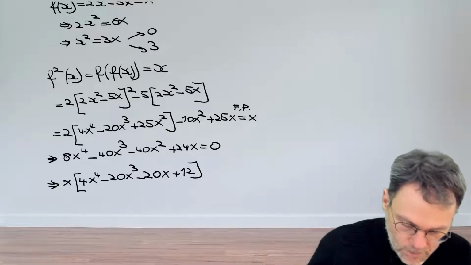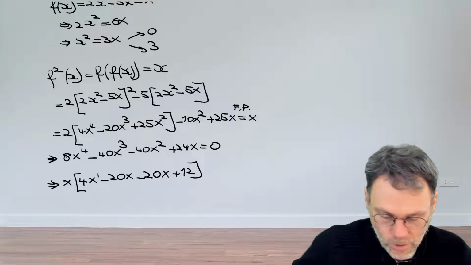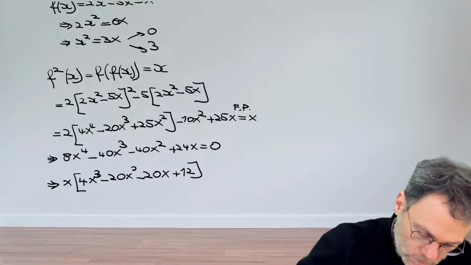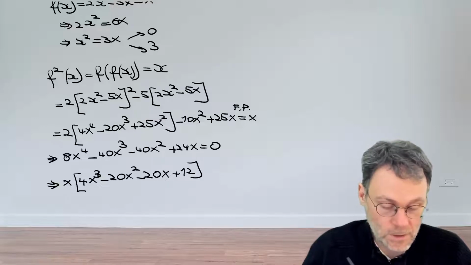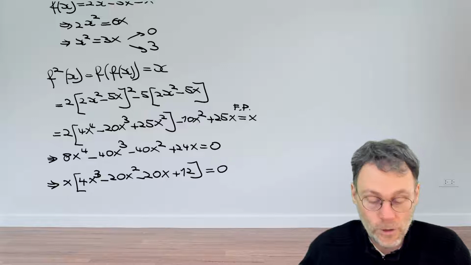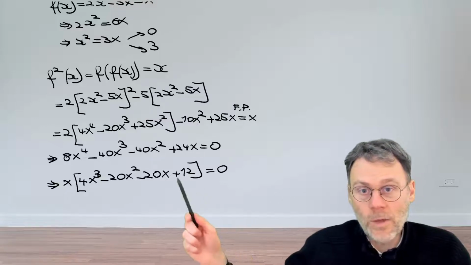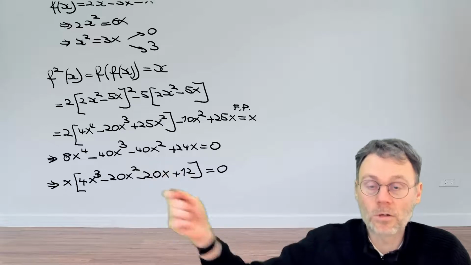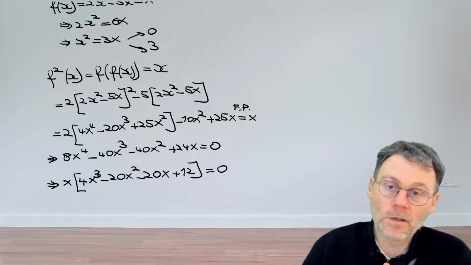I messed up at first because I didn't bring out the x. And this thing should be equal to 0. So here we have a scary cubic polynomial, and we have to find the zeros of that polynomial. That's a bit of a difficult task.